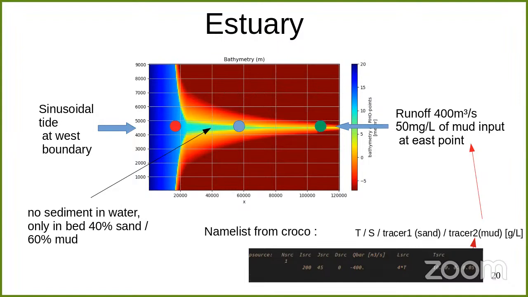So you don't see my mouse, but if you look at the T source column, it means that in this experiment we are using like a 10. The temperature is 10 degrees, no salinity, and we initialize with mud. It means that the tracer 2 is the fourth column, and so that's it.